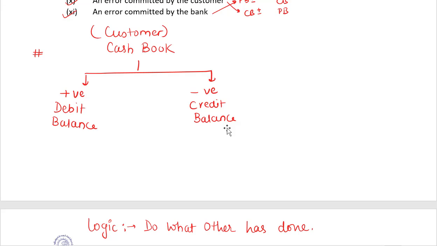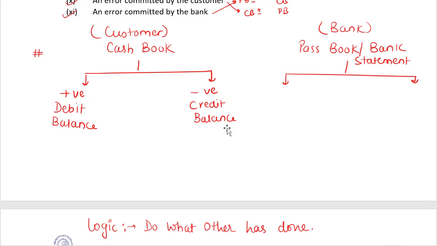On the same lines, the passbook or bank statement, prepared by the bank, positive balance is credit balance and negative balance is debit balance. This will help you in solving the questions. Kindly record it in your notebook properly.